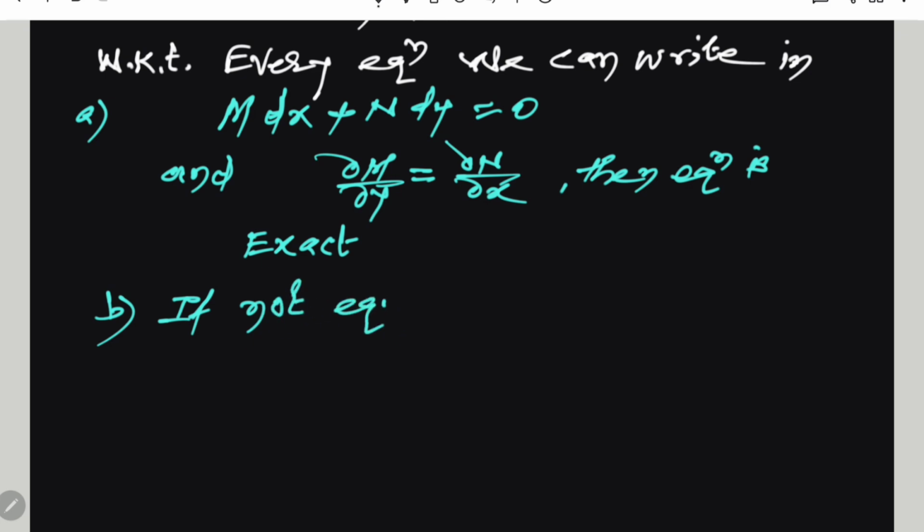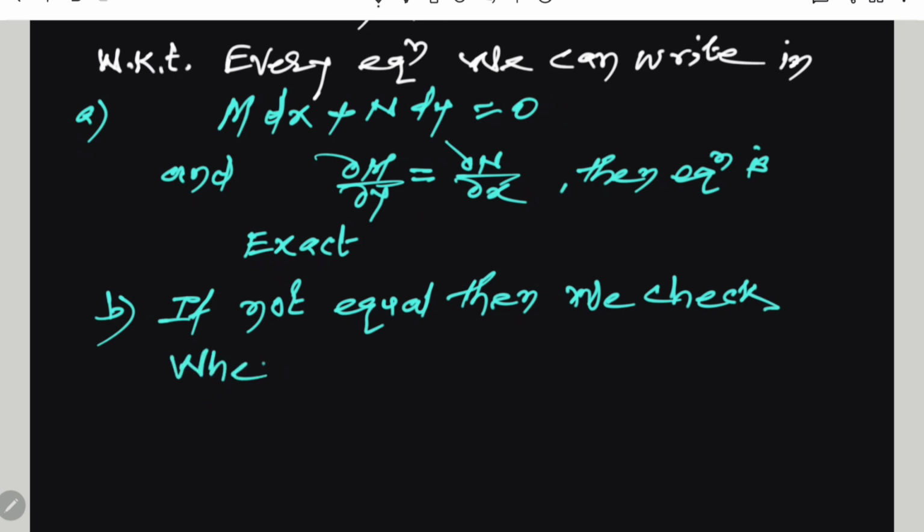If it is not exact, means if those values are not equal, means the equation is not exact, we have to go for the next method, and that is we have to check whether the equation is linear in y or linear in x.